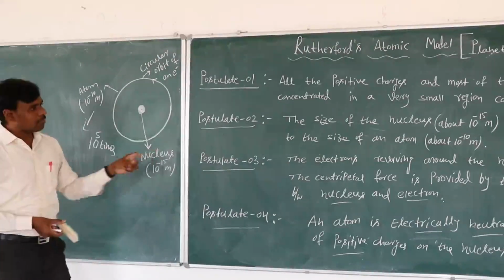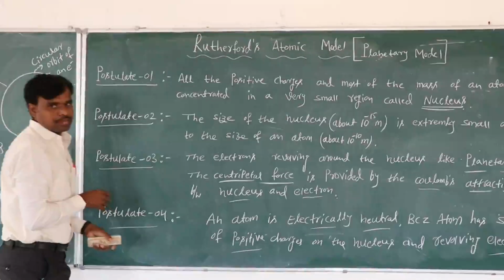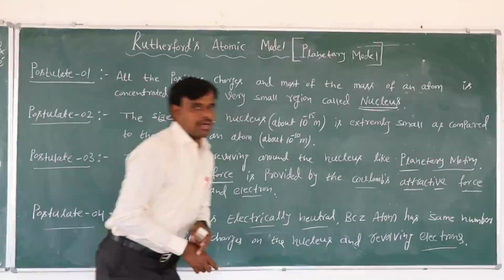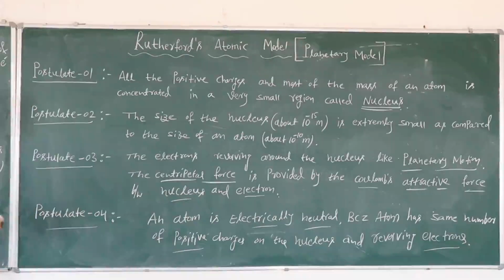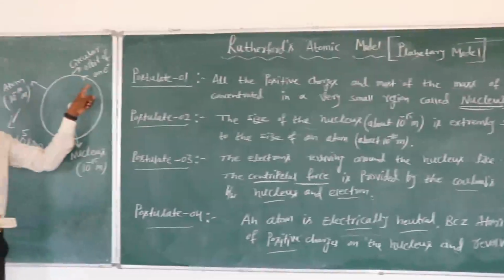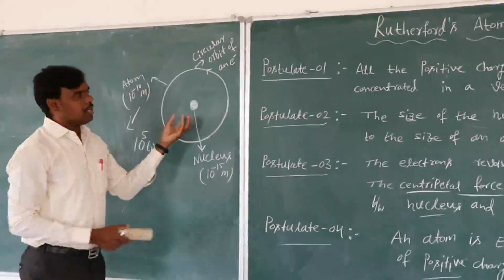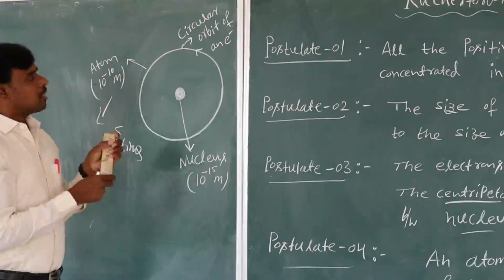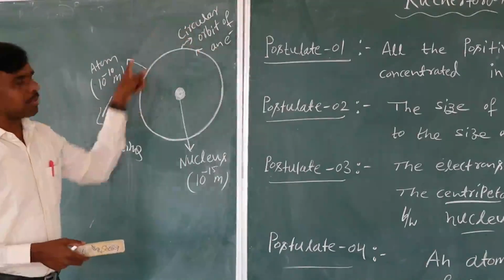That centripetal force is provided by the Coulomb's attractive force between nucleus and electrons. Here, the electron is a negatively charged particle, and the nucleus is a positively charged region. Therefore, there must be a Coulomb's force of attraction. That Coulomb's force of attraction provides the centripetal force.